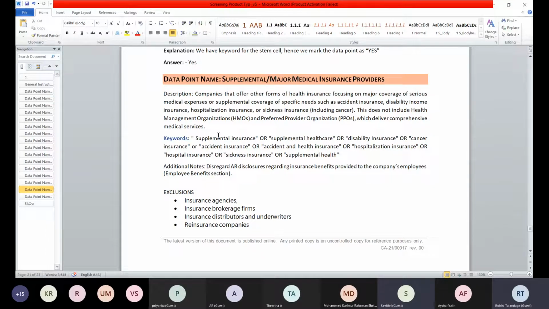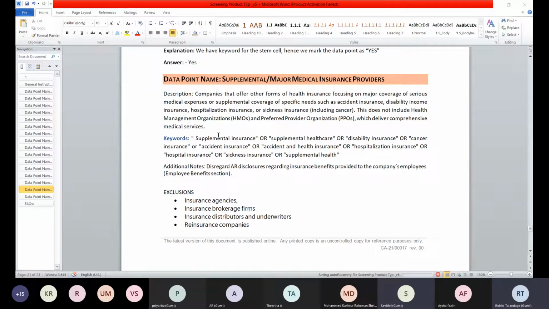If any company is offering any such kind of insurance, then we have to mark it as yes.